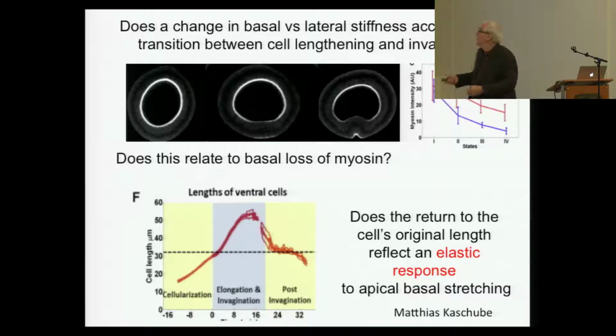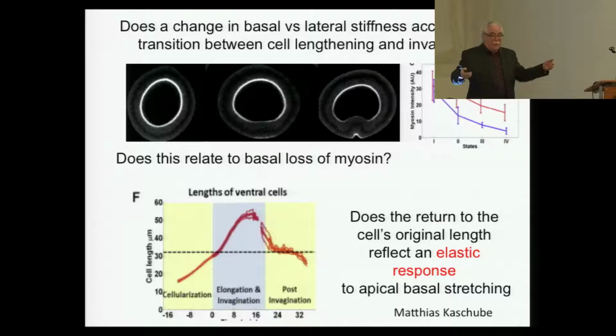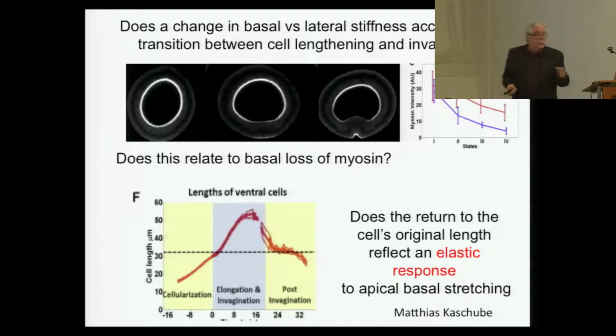And if the basal surface were to become increasingly softer at some point in the process, the calculation for the cell would be to expand the base. The lower energy configuration is to expand the base and contract the lateral surfaces back. Quite remarkably, we measured the loss of myosin basally, and we showed genetically it was different from the Rho-induced activation apically, a different process that provided a clock.